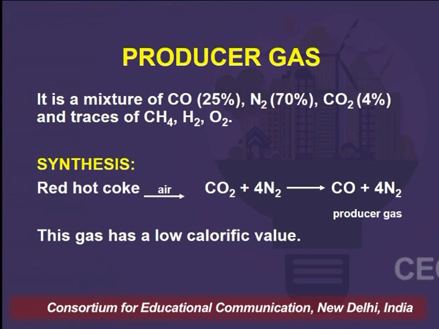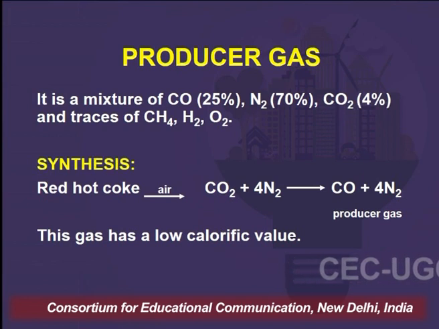Producer gas is another gas obtained from coal. It is a mixture of carbon monoxide 25%, nitrogen 70%, carbon dioxide 4%, and traces of methane, hydrogen, and oxygen. Synthesis of producer gas is as follows.